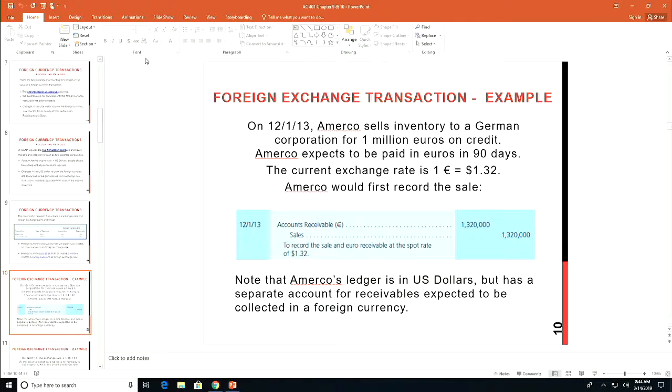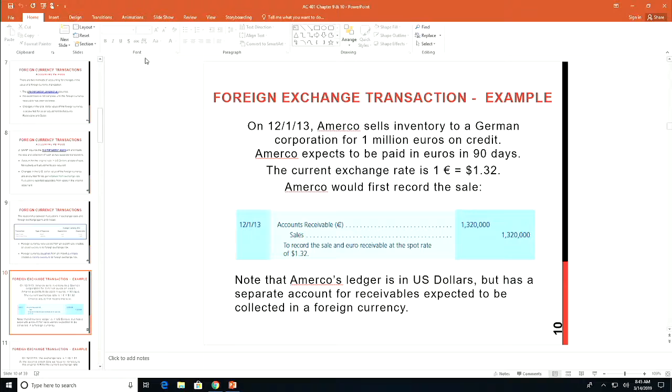So now, at the end of each fiscal period, you have to check what the exchange rate is. Although the transaction is not complete, because the euro will be paid in 90 days, sometime at the end of February or early March, on December 31st you usually close your books.